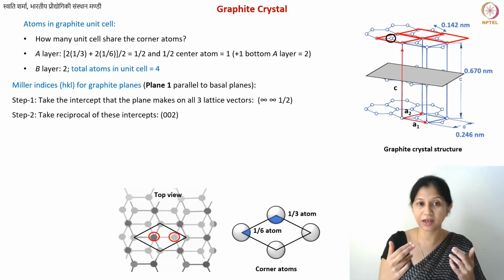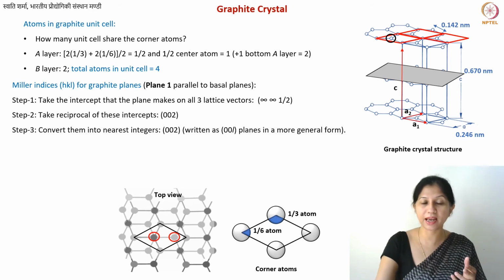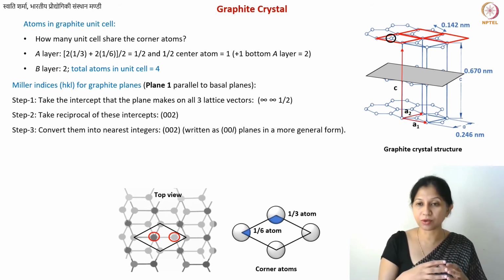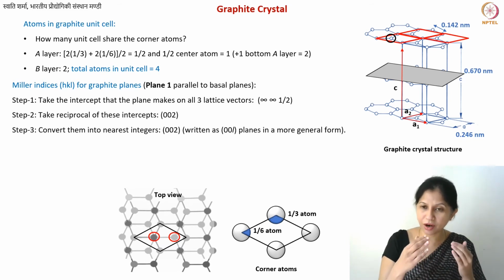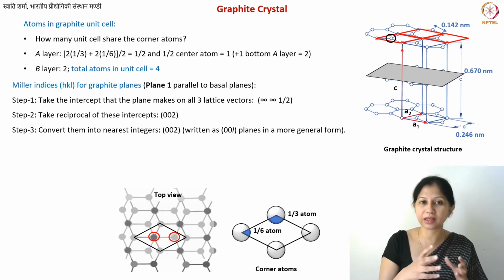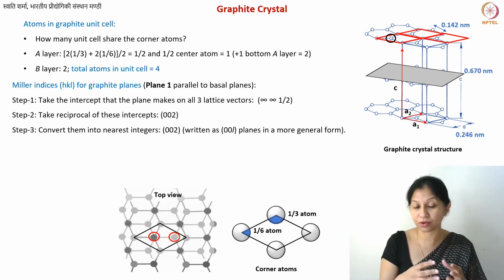So for infinity you will have 0, and for half you will have 2. In case these are not integers, you will typically multiply by an integer to make sure these are the smallest integers, but in this particular case we anyway have 0, 0, 2. So these are the Miller indices for the basal planes.